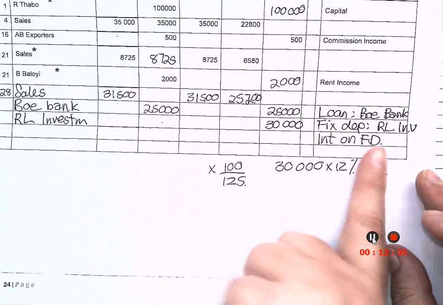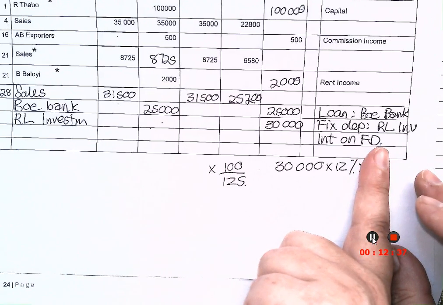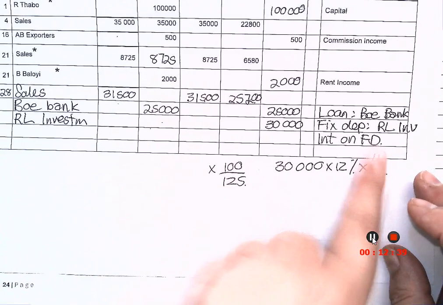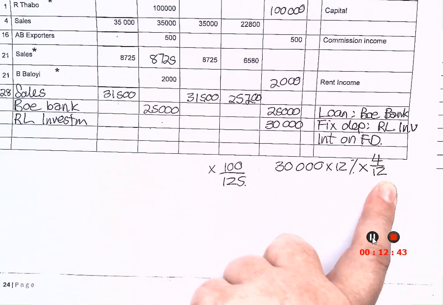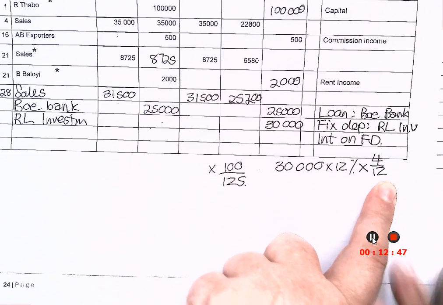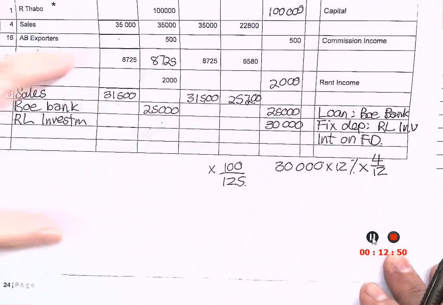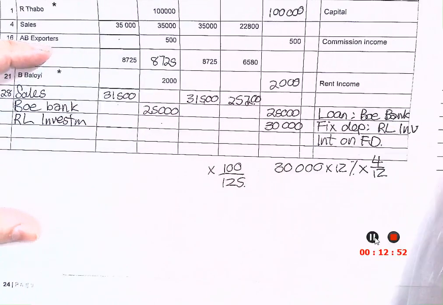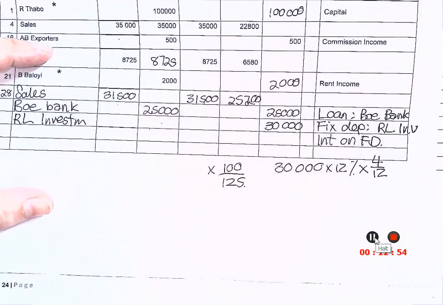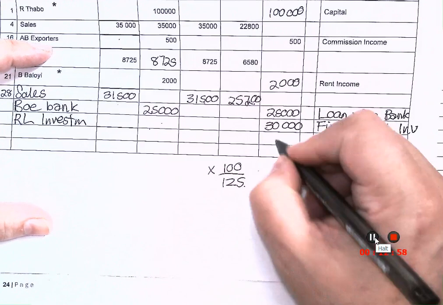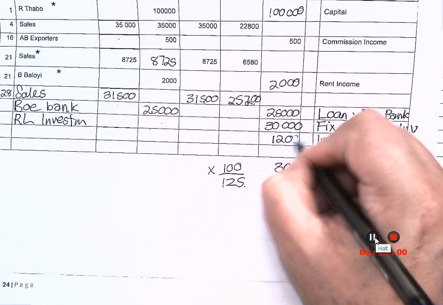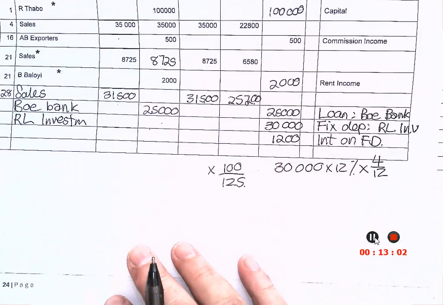So if I calculate that, I will get the interest for a year. So if I divide it by 12, I will get the interest for the month. How many months am I getting? 4. So this gives me what? 1,200. How much? 1,200.